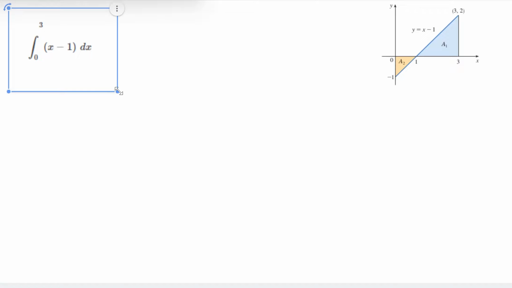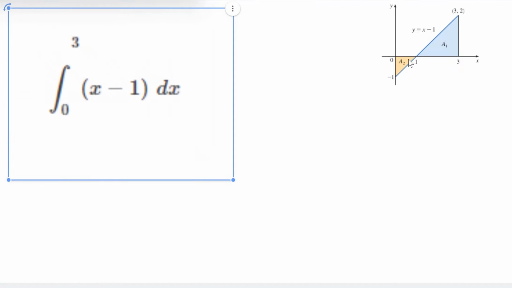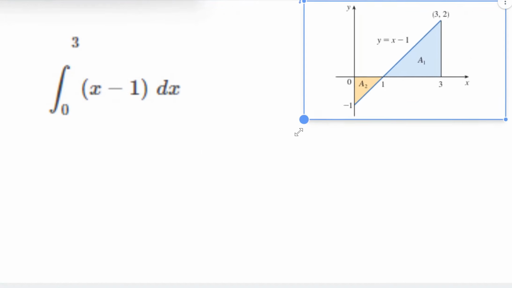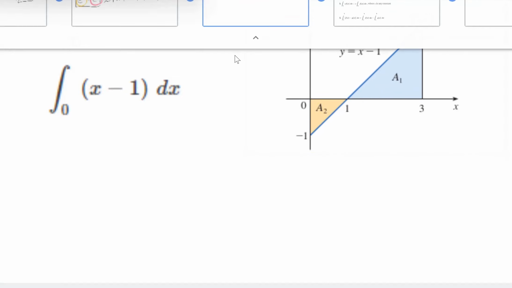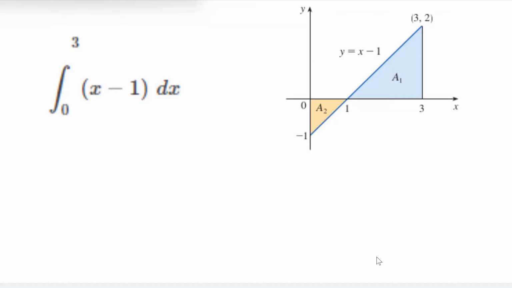All right, let's do an easy one. You find me the area for this one.